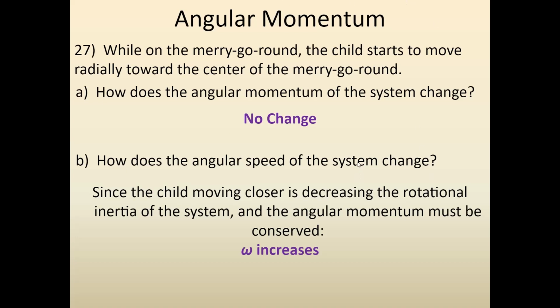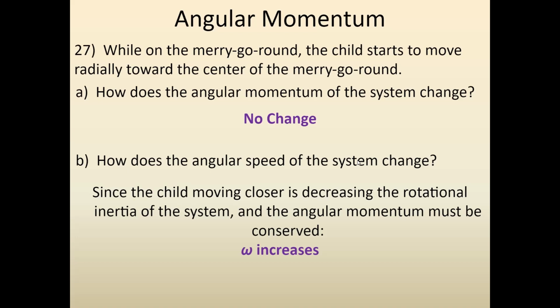Right? So a lot of times what you want to try to do with these questions, because they do this a lot, where they start asking about kids going in and out on merry-go-rounds, and a lot of people tend to struggle with it, you want to try and relate it to something similar. So, instead of thinking about the kid moving on the merry-go-round, think about a person pulling their arms in. We know what that scenario looks like.